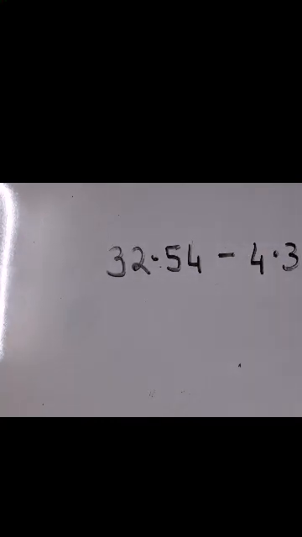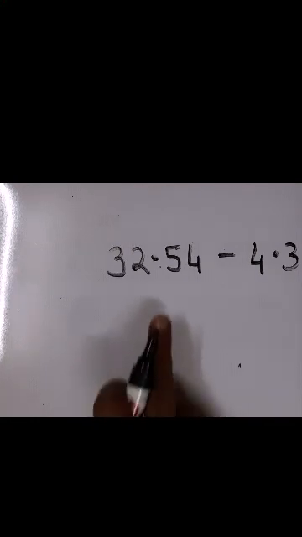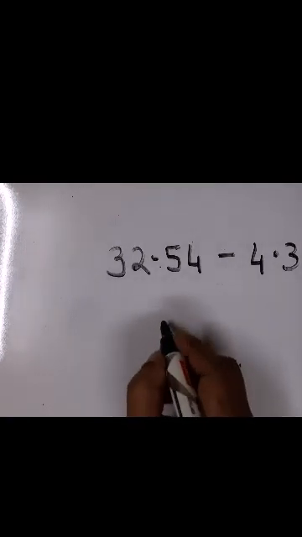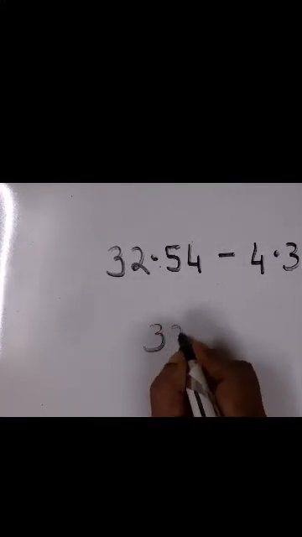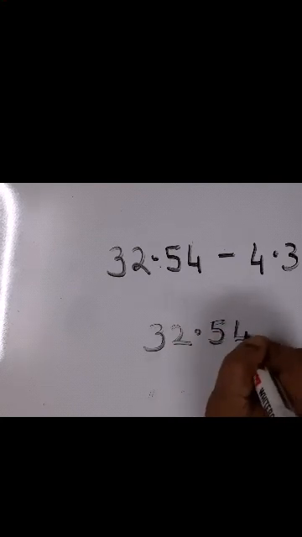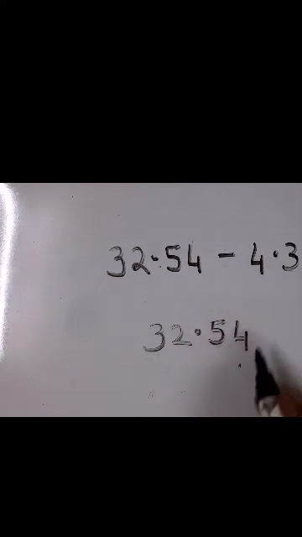Okay. Now first, children, identify whether they are like decimal numbers or unlike decimal numbers. Have you identified? Unlike decimal. Okay. Now what we do, the next step is we place one below the other. So it's 32. Don't forget the decimal. 54.